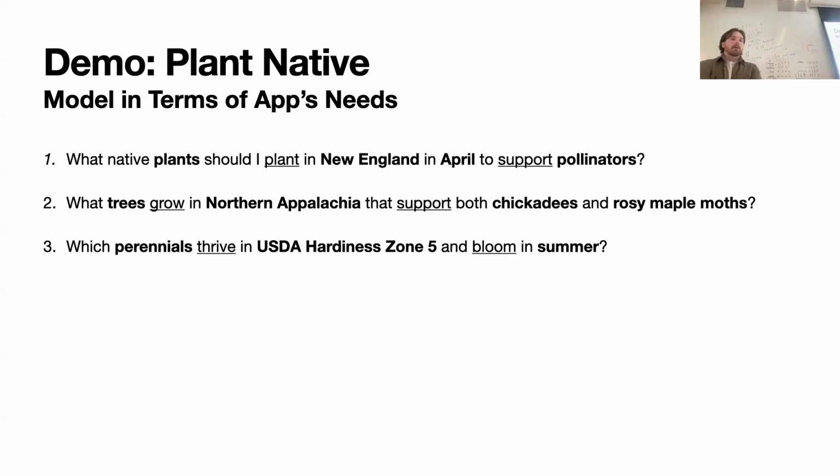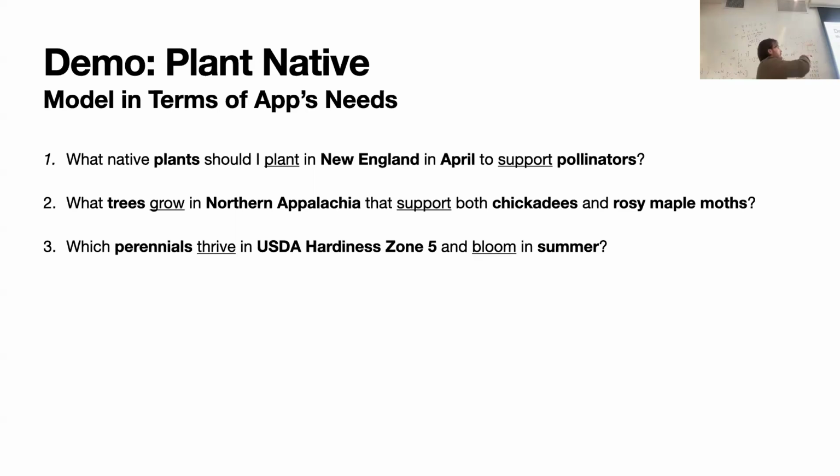So the way we start building a graph database is we start with the use cases. We're going to model in terms of what our app needs. We write these sentences out, and then we highlight or circle all the nouns in the sentences, and underline all of the verbs. That's going to give us a sense of what type of nodes and relationships our graph database should be concerned about.